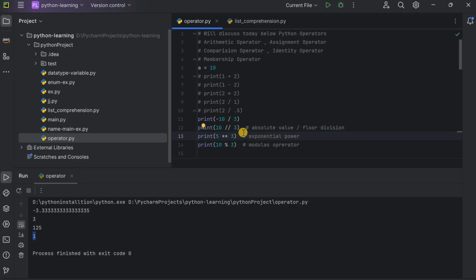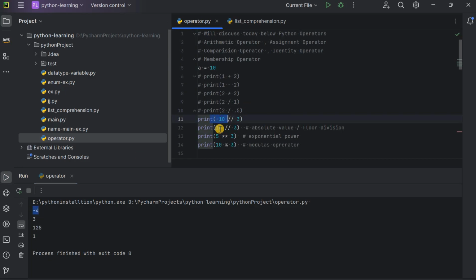And one more thing I would like to tell you, this is the main question. If we use minus 10 with floor division, the output will change, and it comes as minus 4.